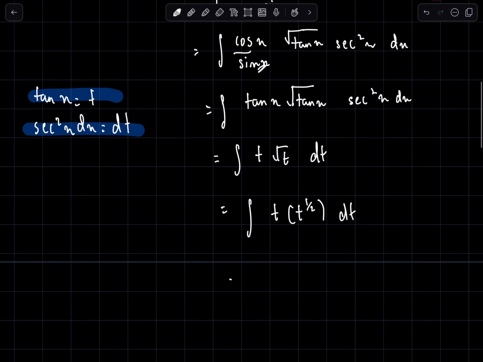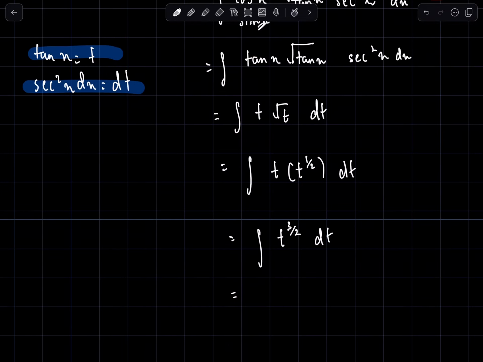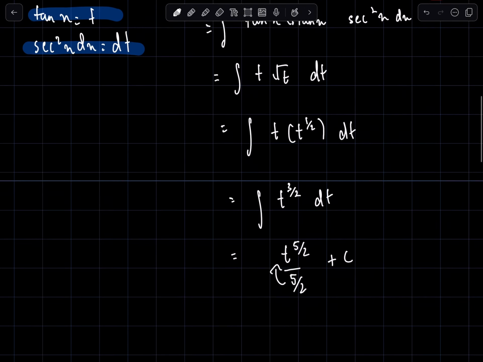Okay. So you know how to do this, which is integral of t to the power half plus 1, which is t raised to the power 3 by 2 dt. And this will become, add 1, t raised to the power 5 by 2 divided by 5 by 2 plus c. If you want to bring this up, you write 2 by 5 t raised to the power 5 by 2 plus c, right?